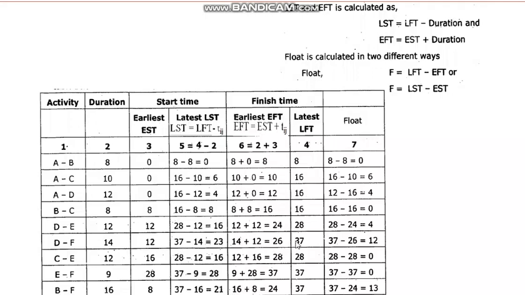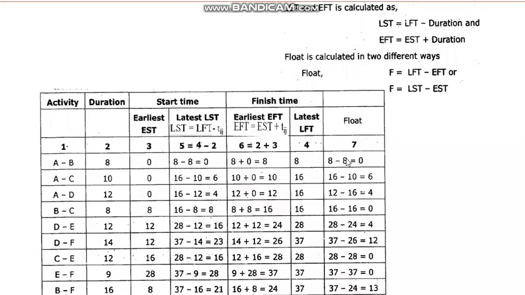So once you calculate all the activities, now what you can do is, the activities with zero float are in the critical path. Which activities are having zero float?